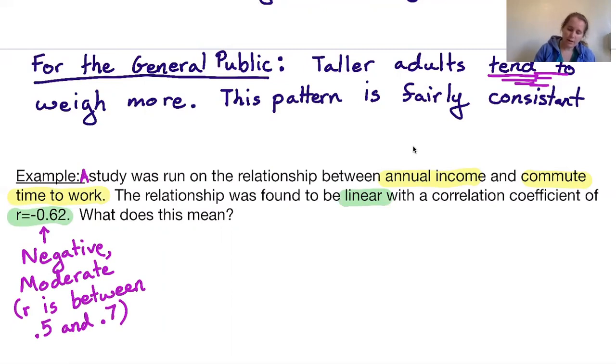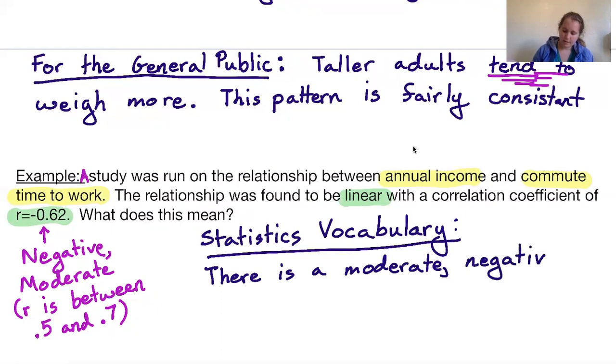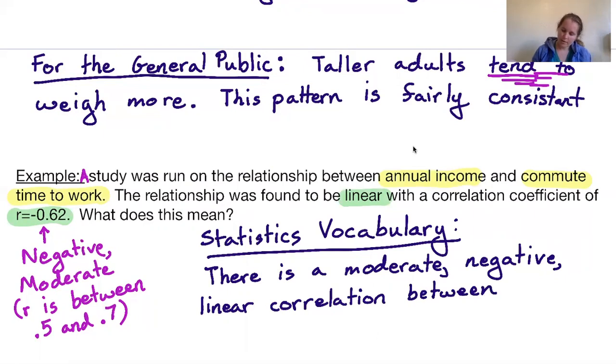So using statistics vocabulary, what this tells us is that there is a moderate, negative, linear correlation between annual income and commute time to work.